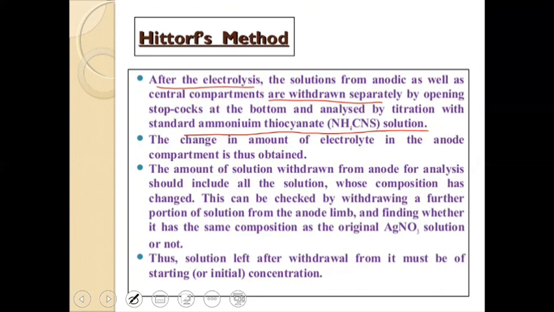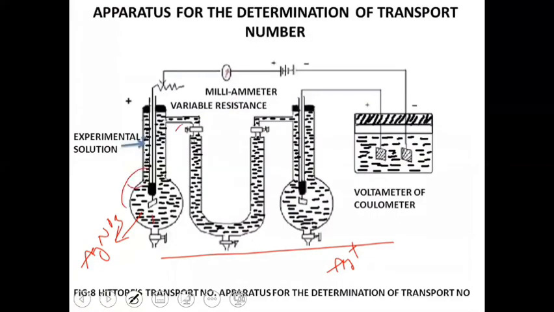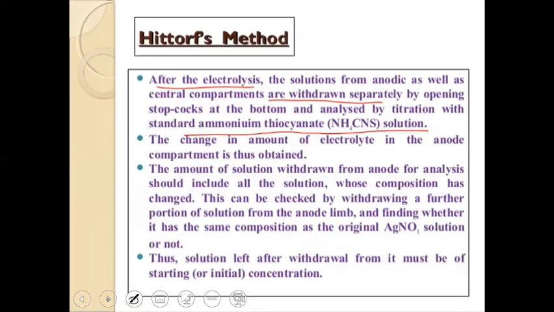So after electrolysis, you have to take the solutions from the anodic compartment and the U-tube compartment and find out the amount of change that has taken place after electrolysis by titration with standard ammonium thiocyanate. In this way you know the change in the amount of electrolyte in the anode compartment.